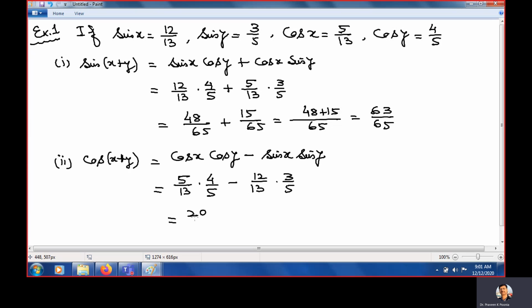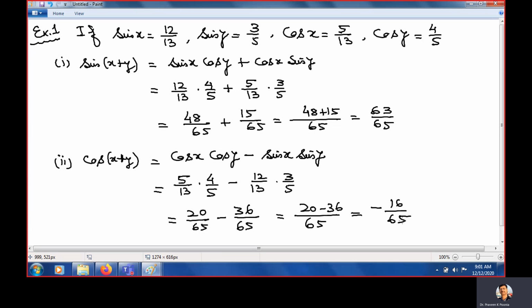So 5 times 4 is 20 upon 13 times 5 is 65, minus 12 times 3 is 36 upon 13 times 5 is 65. You can take LCM as 65. It is 20 minus 36. It is minus 16 upon 65 is the value.